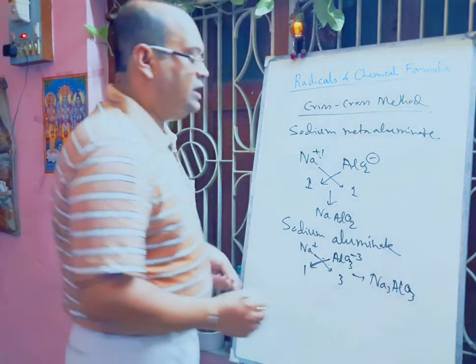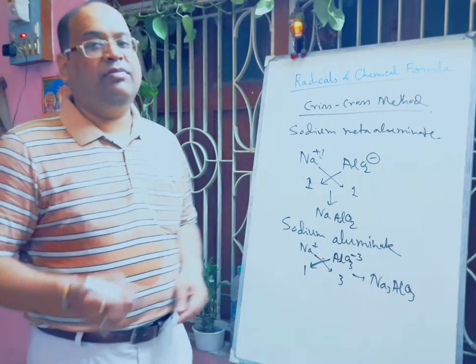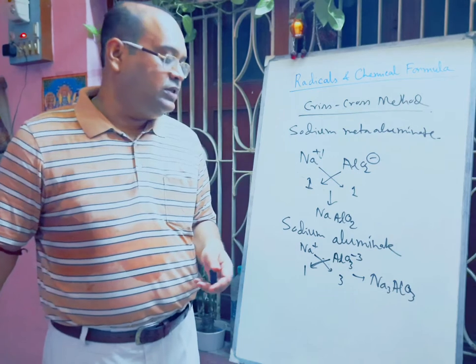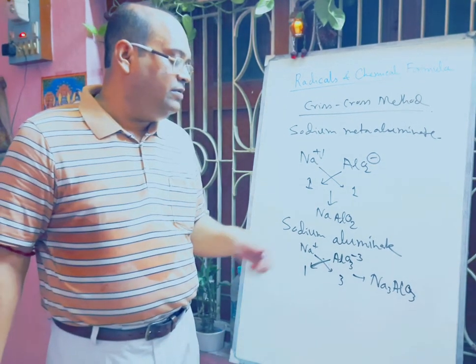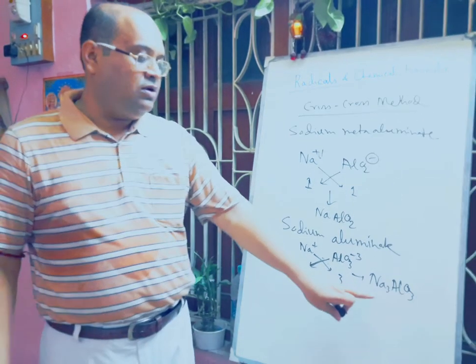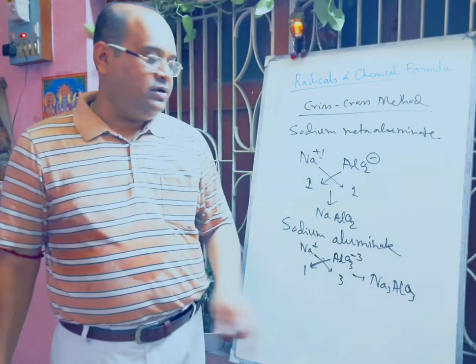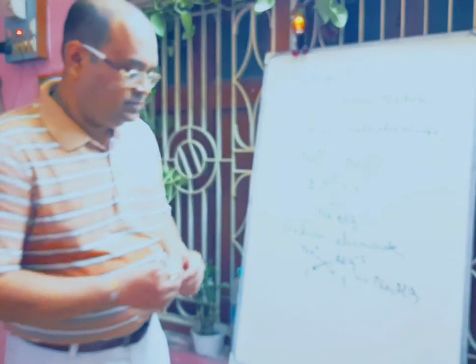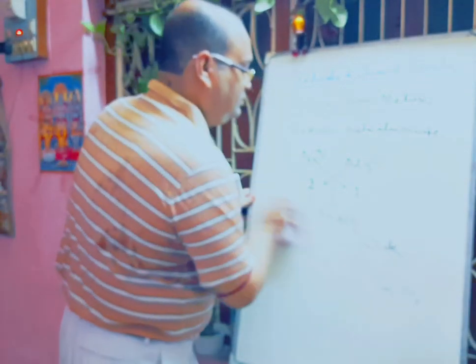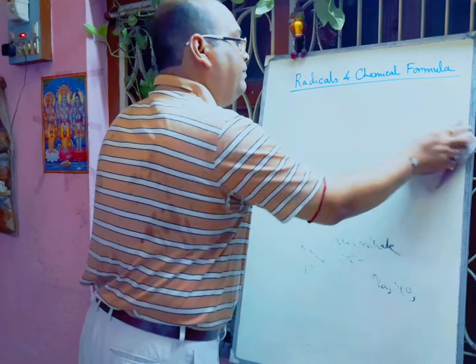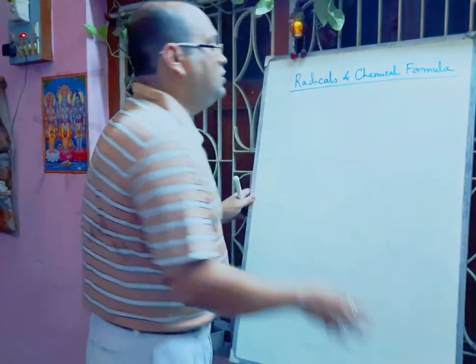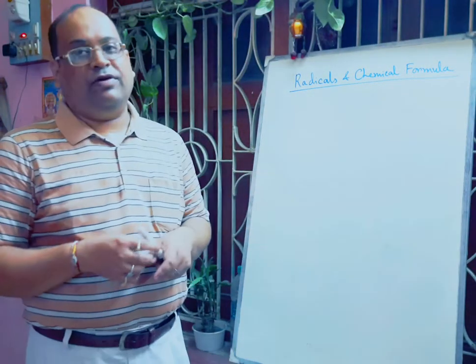Here for AlO3 we are not giving any bracket because only one compound radical is present. If there is more than one compound radical, definitely we have to give a bracket. But here also we are not writing Na in a bracket because Na is the symbol of only one atom. That is why we are writing Na3. So in this way you have to practice the formulas.